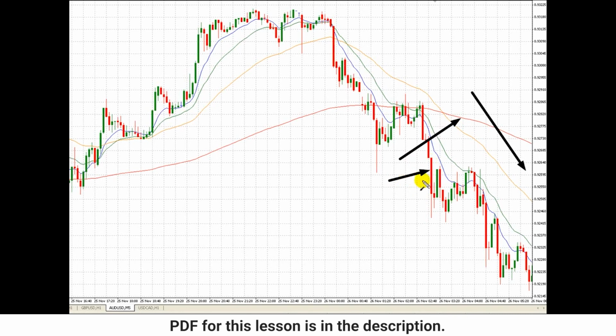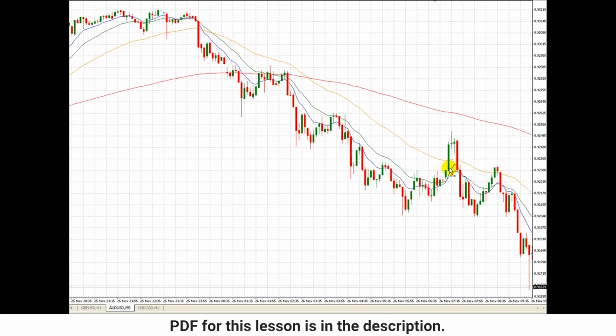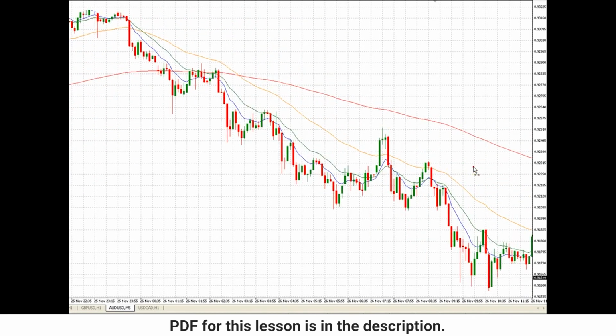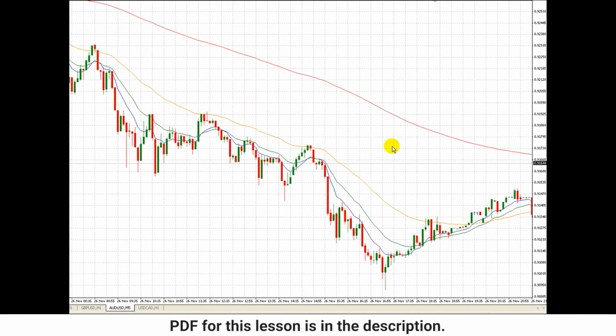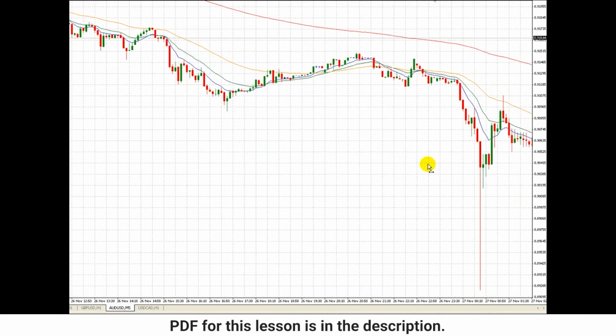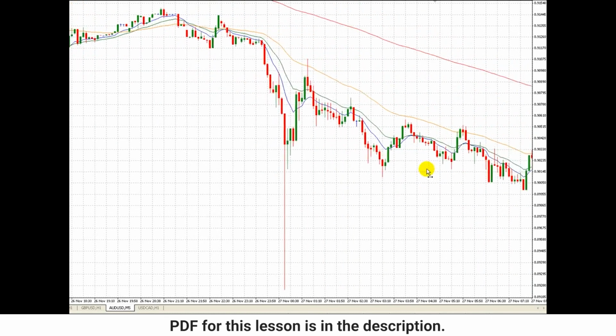Price is below the 50 EMA as well. So we can start taking possible shorts here. And as you can see, the EMAs start indicating that it's time to start taking shorts and price falls. And just keeps on falling.